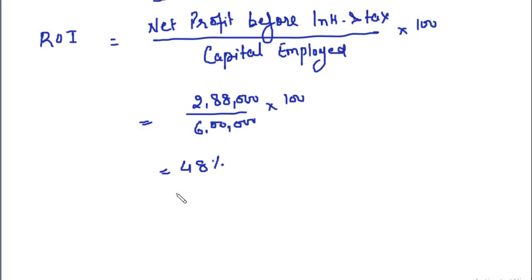That means out of the total money that you have invested, 6 lakhs, you are earning 48% net profit. By investing 6 lakhs, you are earning a net profit of 2,88,000. Simple. Clear?